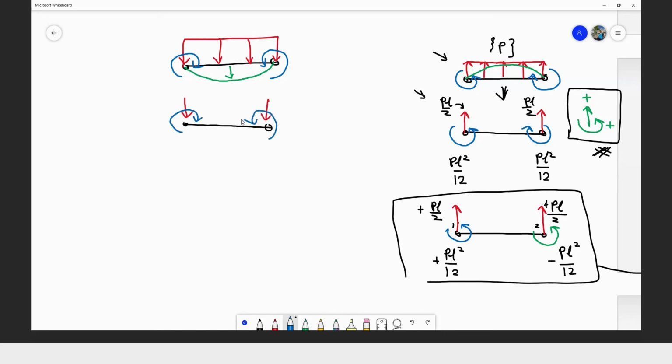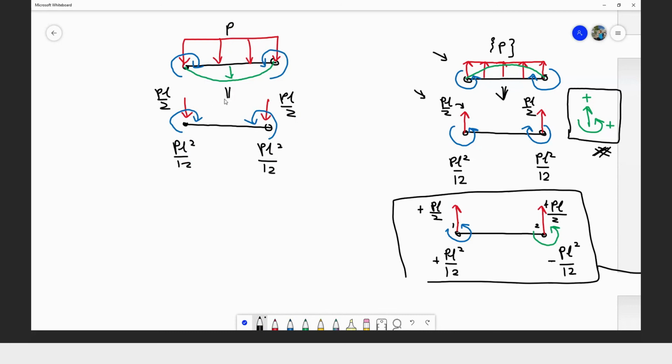It will look like this. So what is its magnitude? The magnitude is the same: PL over 2, PL over 2, where P is your distributed load and L is the length of your beam element. For the moment, you still have the same PL squared over 12, PL squared over 12.